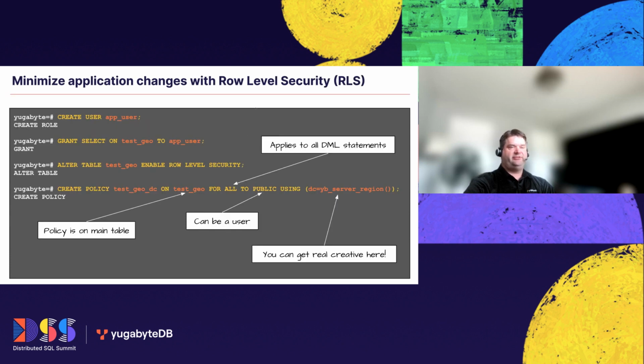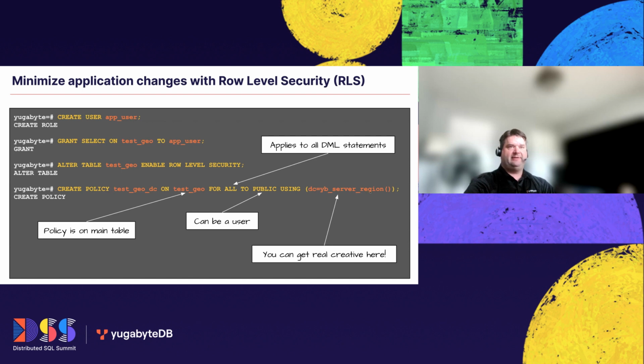Okay, so row level security, I love this feature. Again, this is something you can do in YugabyteDB, which is awesome. What this does is it'll dynamically apply a where clause to a query that's running. In this case, I'm going to dynamically say where DC equals YB server region.